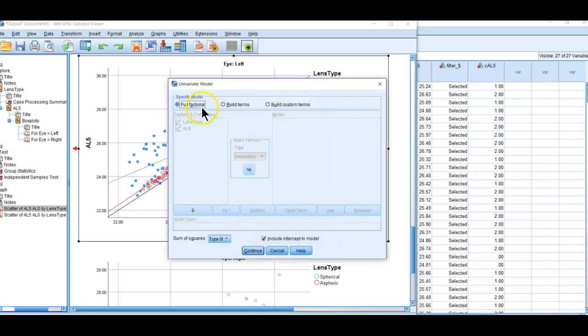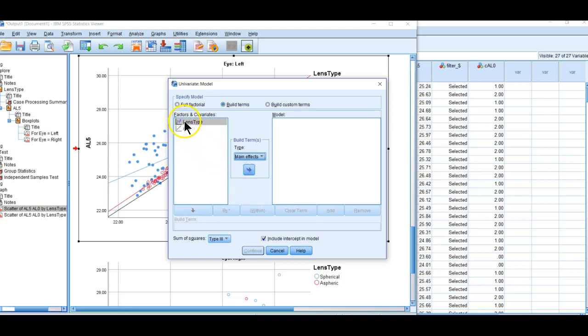So the full factorial is not really full factorial in this case. We have to build our terms. I mean, we are going to make it a full factorial, meaning we're going to consider all the factors. But this refers just to fixed factors, and this is a continuous variable covariate. And it doesn't give us the option of doing it all at once.